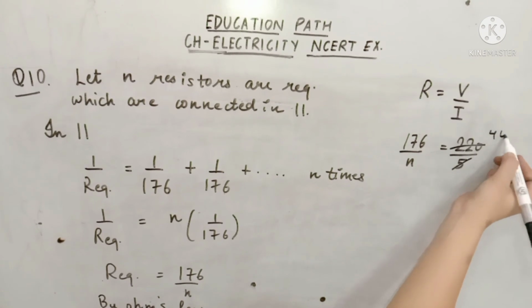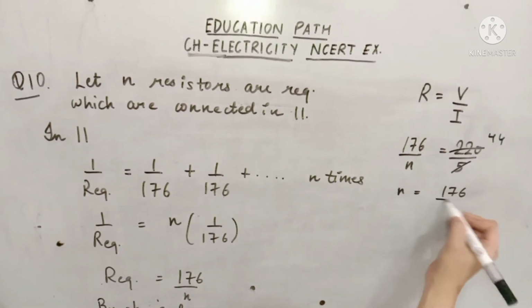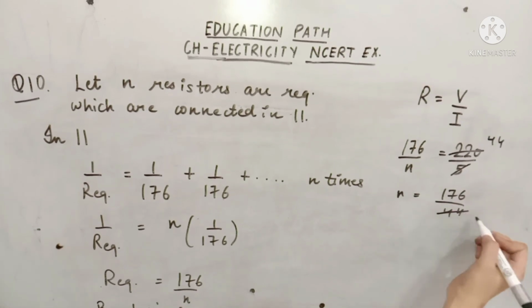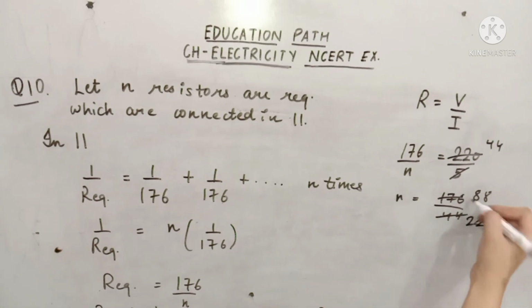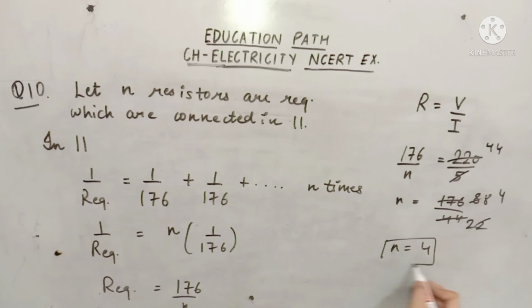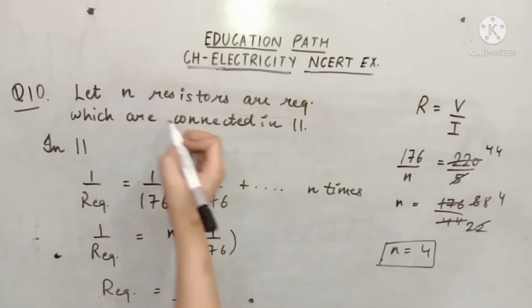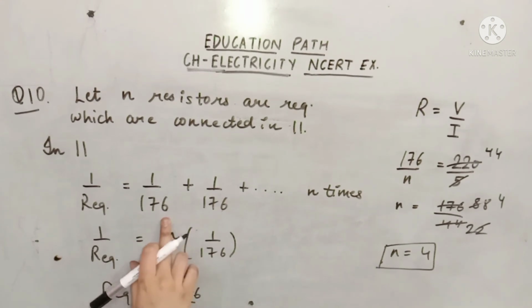So 5 into 44. n equals 176 upon 44, so n equals 4. So 4 resistors of 176 ohms are required, connected in parallel.